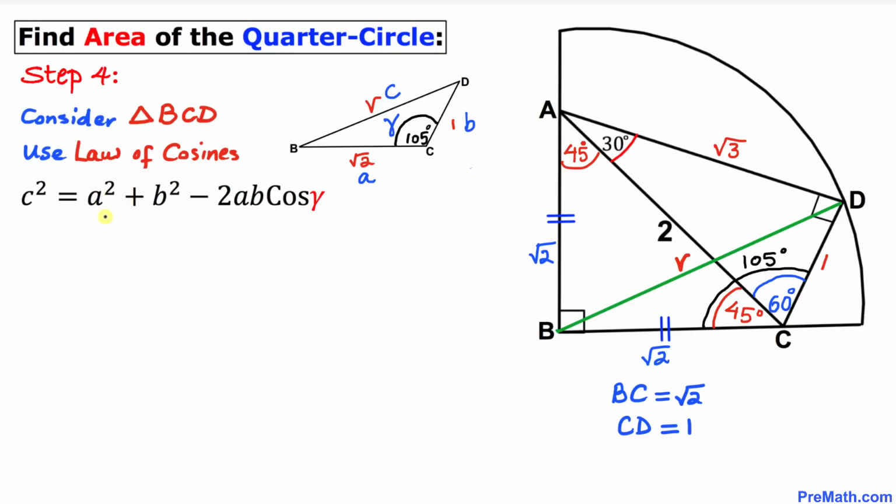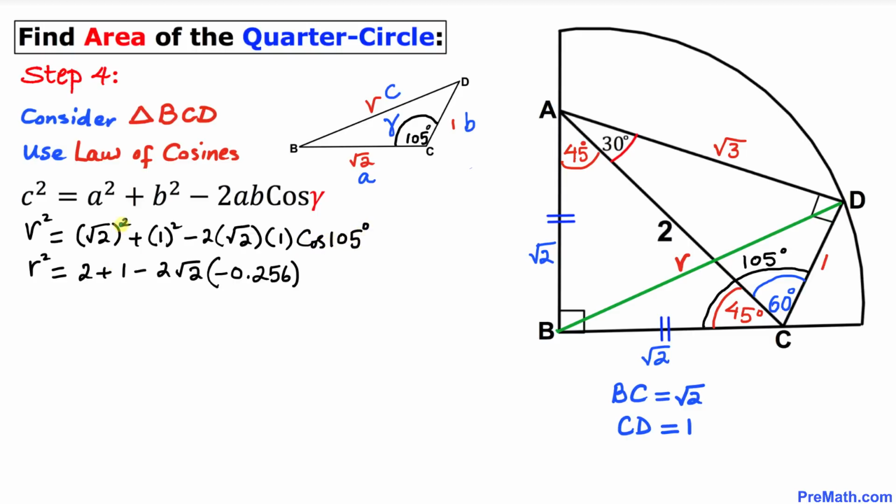In our case, c is r, so this is going to become r squared equals a, which in our case is square root of 2, squared, plus b, in our case 1, squared, minus 2 times a, which is square root of 2, times b, which is 1, times cosine of 105 degrees.